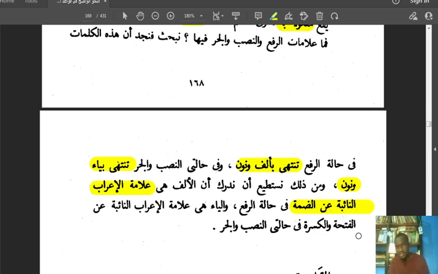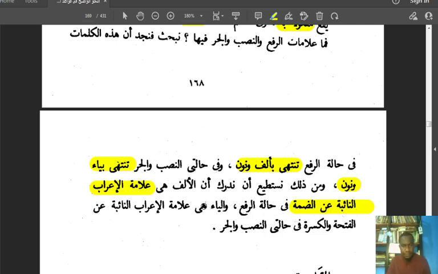Dhamma. So he says لعب الولد, خلق الله, something like that. So when it is singular, it takes Dhamma. But then when it became dual, it is alif that shows the sign of the rafu. And so we say an-na'ibatu an ad-dhamma, the alif is replacing the dhamma في حالة الرفع, in the case of rafu.